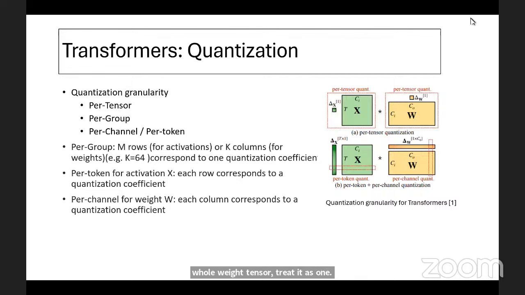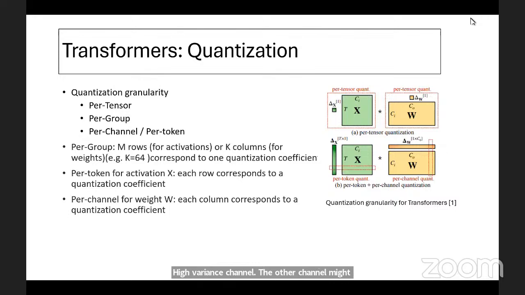For most cases, it might work well, but depending on the distribution of weights, you might see that some channels have more varied distribution when compared to the others. When you're trying to quantize the whole weight distribution as a single tensor, it is obvious that when we look at the scale and the offsets, if you are trying to map it to the high variance channel, the other channels might get significantly affected.